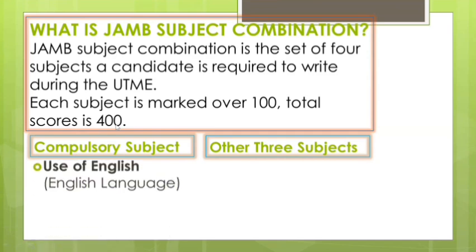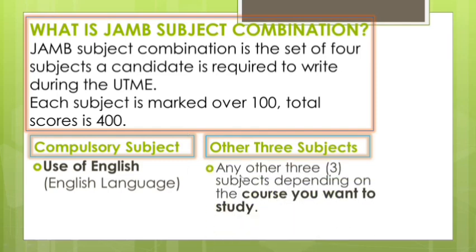In this exam, we have a compulsory subject, which is Use of English. The reason why Use of English is compulsory is that learning and teaching in the country is done through the English language. So each candidate sitting for JAMB is expected to write Use of English, which is compulsory.